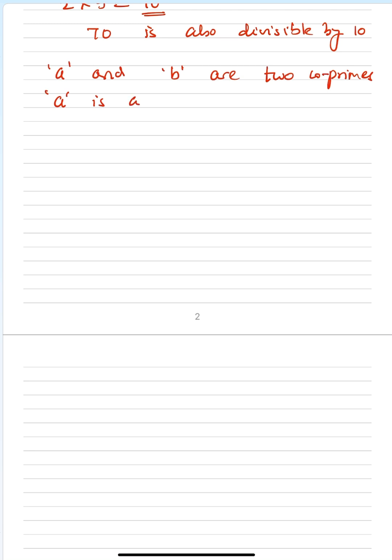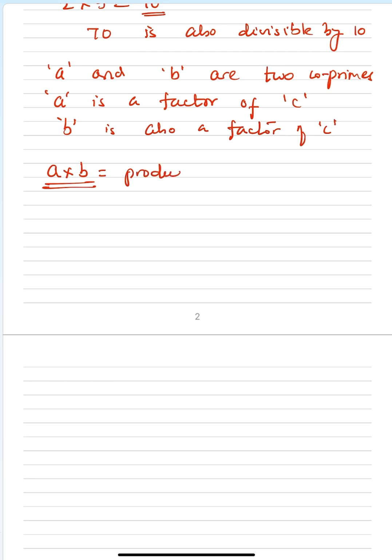If A is a factor of C and B is also a factor of C, then the product A into B is also a factor of C. Correct?